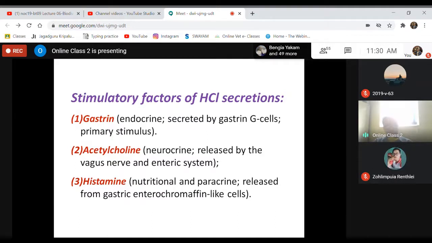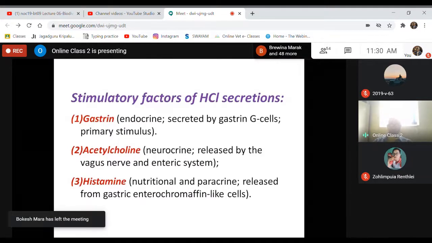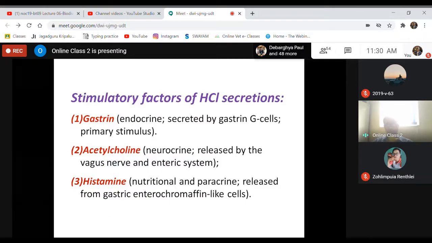Acetylcholine, which is released by the vagus nerve and enteric system, also stimulates hydrochloric acid secretion in the stomach. Then histamine, which is released by gastric enterochromaffin-like cells, is also stimulatory to hydrochloric acid secretion in the stomach of non-ruminant animals.